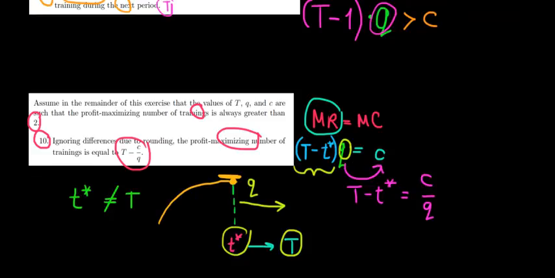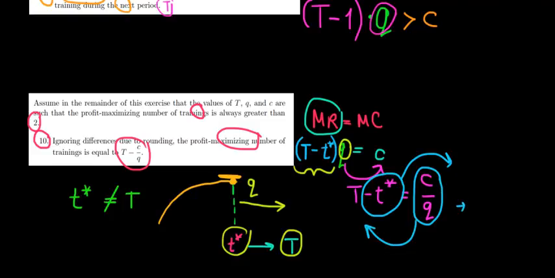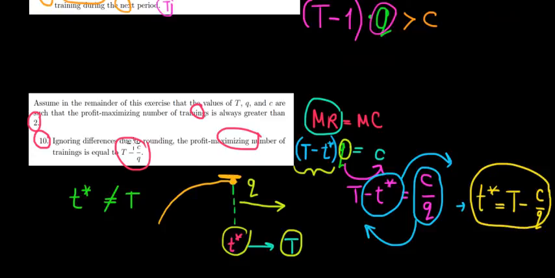And now, because we want to leave T star only, let's take T star over here and C divided by Q over there. So as a result, we will have that the optimal number of trainings T star is going to equal T minus C divided by Q. And what we can see is that this is the same expression as we have over here. In other words, the answer is true, and we are done.